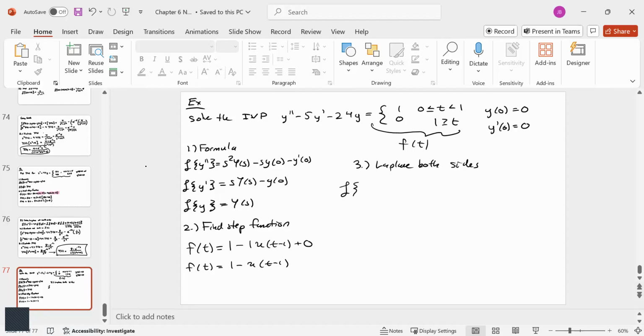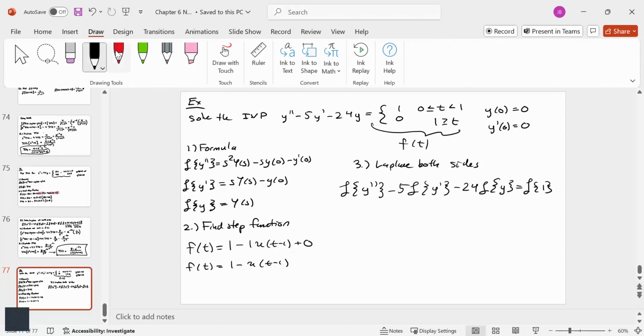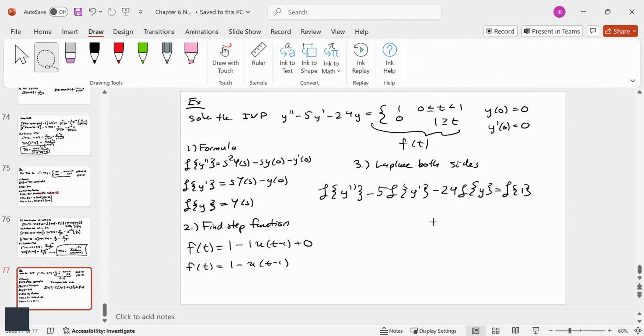So the Laplace transformation of y double prime minus 5 Laplace transformation of y prime minus 24 Laplace transformation of y equal to the Laplace transformation of 1 minus the Laplace transformation of u of t minus 1, like that.